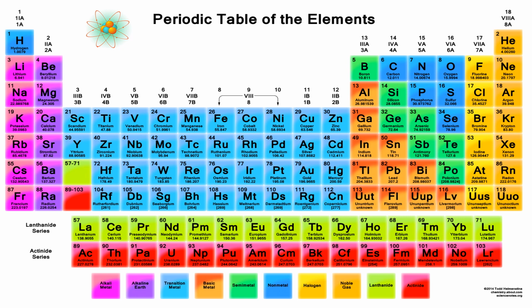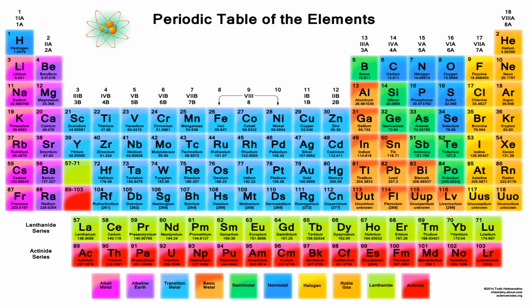From hydrogen, 1, then helium with the atomic number of 2, followed by lithium, beryllium, boron, carbon, nitrogen, oxygen, fluorine, neon, and now we have sodium, whose atomic number is 11.